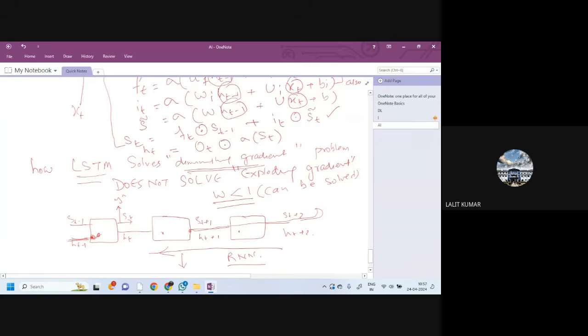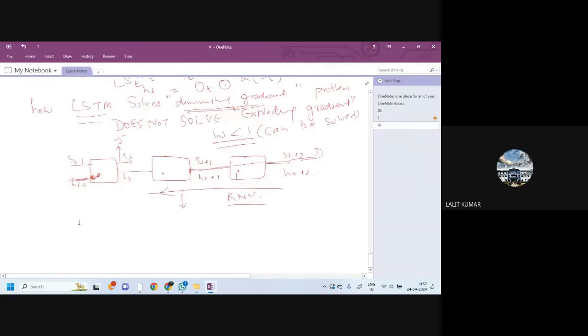So just understand this concept only. I will not go into the mathematics. Basically, the LSTM gradient vanishes where it must vanish.